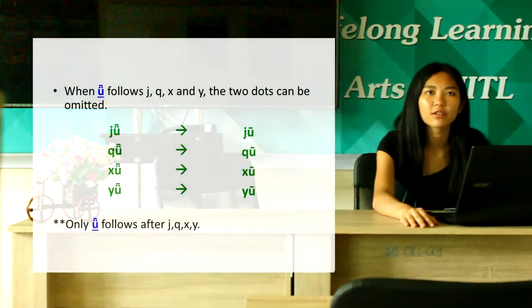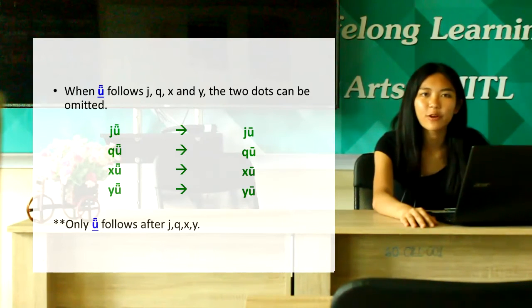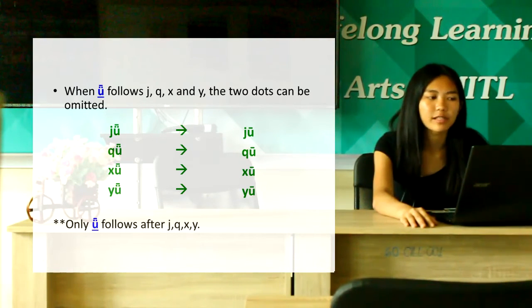Previously, we've talked about G, Q, X. So one important thing you might have to know is that when U follows after G, Q, X, the two dots over U can be omitted.